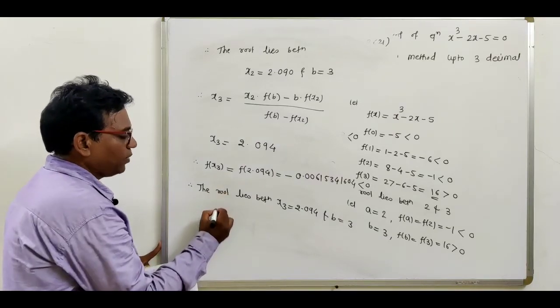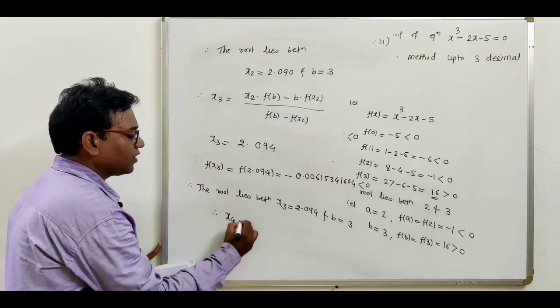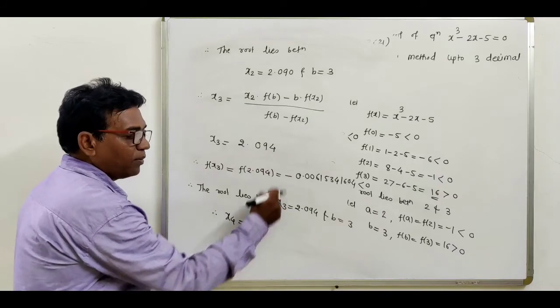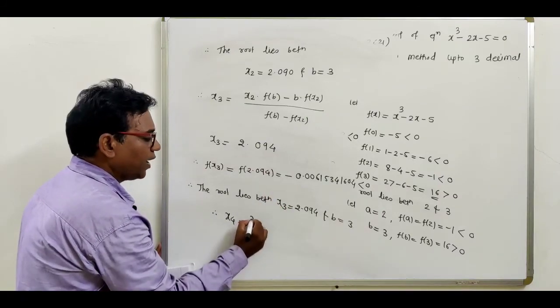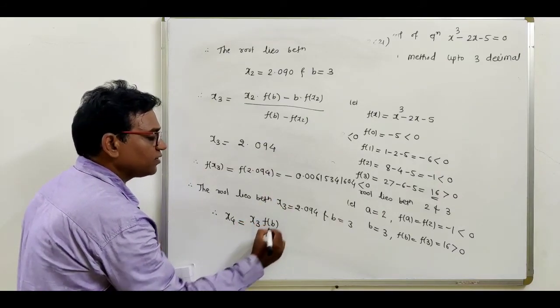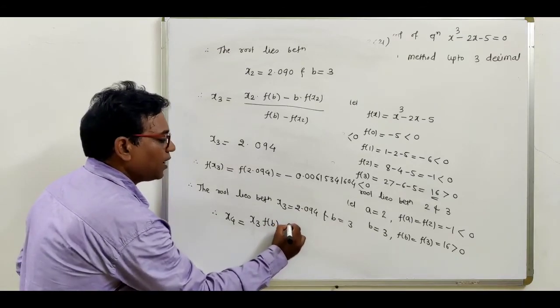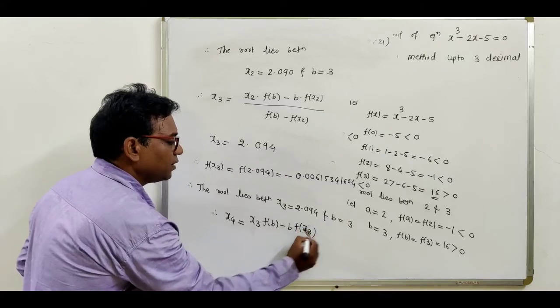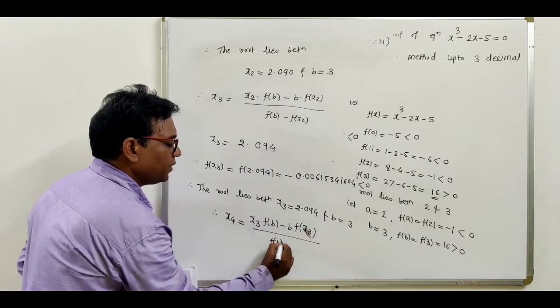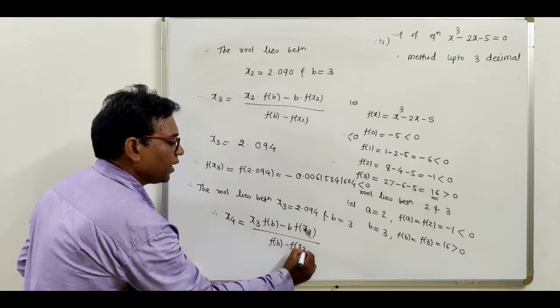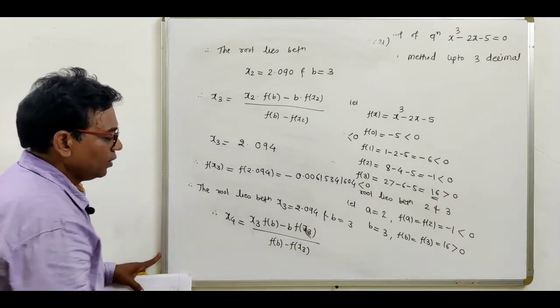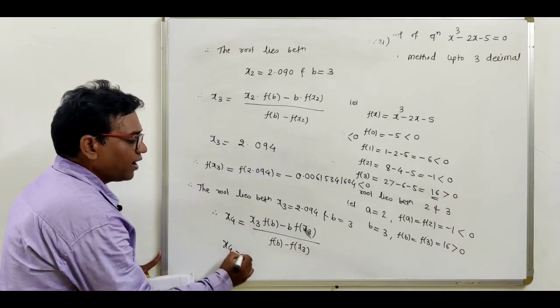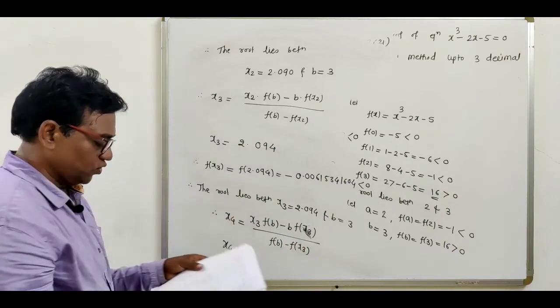So again, write the same formula, find out the next approximate root, x4. So write down the formula in terms of x3 and b. x3 into opposite functional value fb minus b into opposite functional value f of x3, divided by fb minus f of x3. So just put the values of x3, fb and so on.